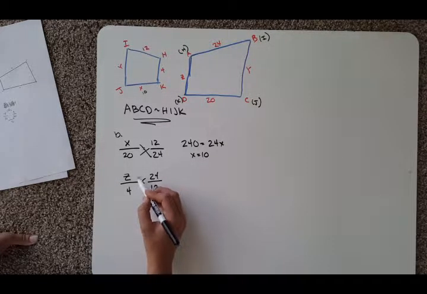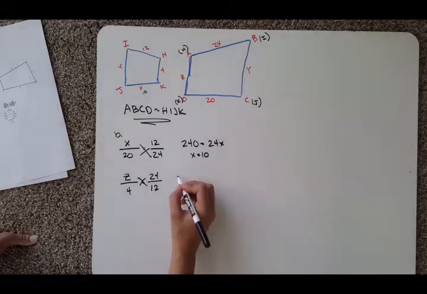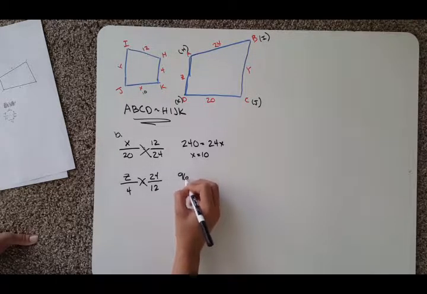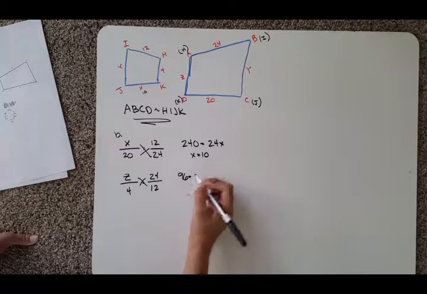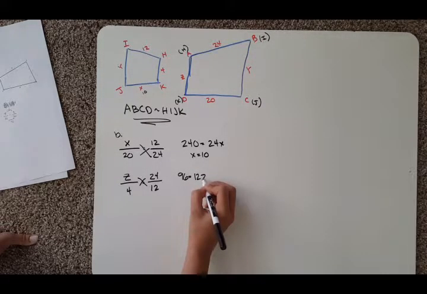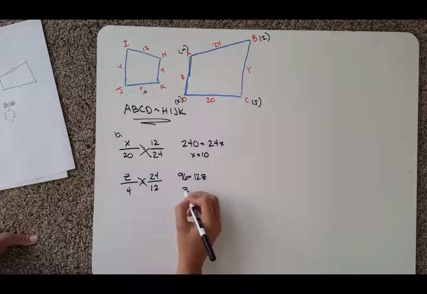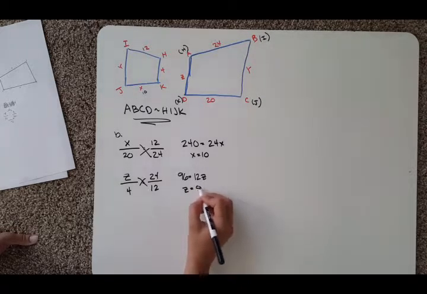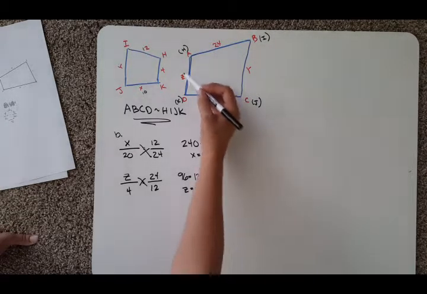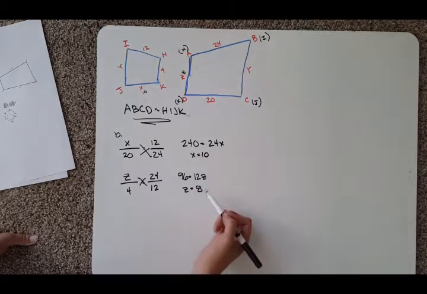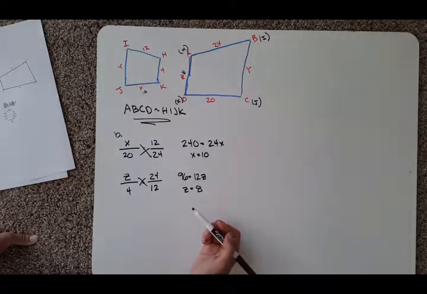And once again, you're going to cross these. So 96 is equal to 12z, which means z is going to equal 8. And I write that in here, and if you plug it back in, it works.